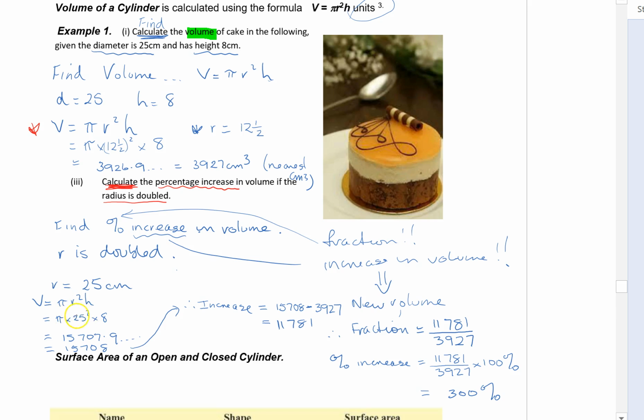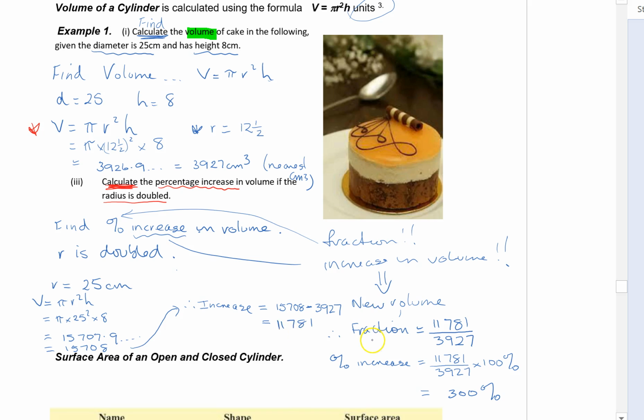Okay, so I calculated the volume with the doubled radius from 12.5 to 25. I've found the increase as the difference between this 15,000 and the previous nearly 4,000, 3,900, and that difference was 11,000.